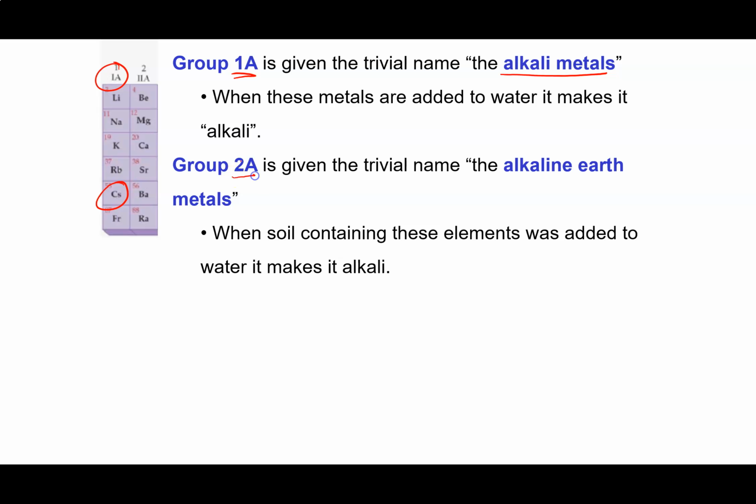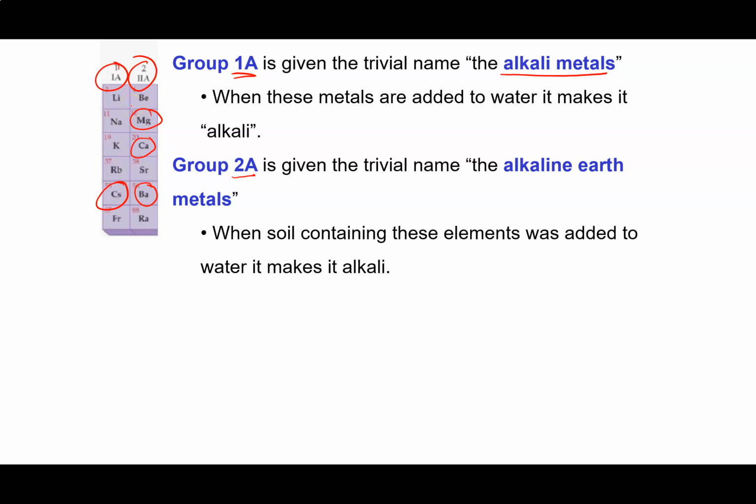Okay, group 2A, the guys that are right next door, these are referred to as the alkaline earth metals. And some ones in here might be familiar to you. Barium is used in medical imaging, particularly medical imaging of the gastrointestinal system. Calcium, an important component of the minerals that make up your bones.